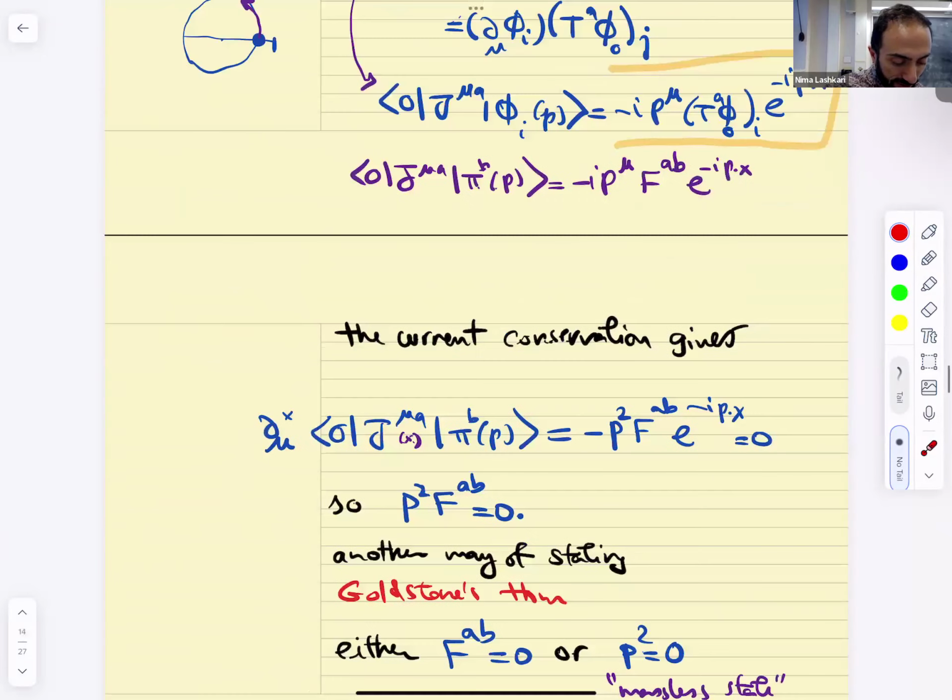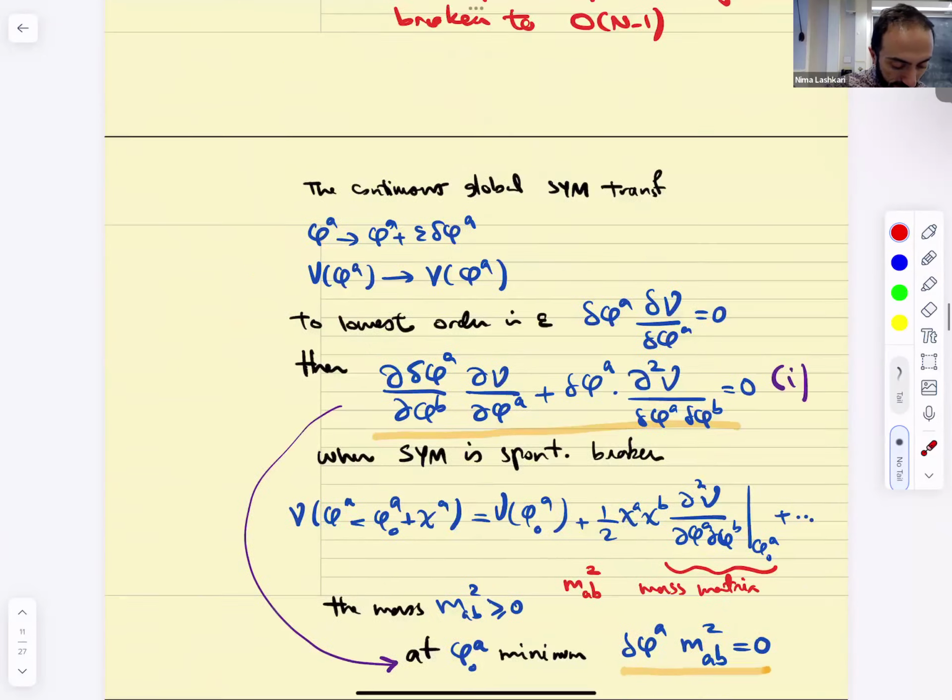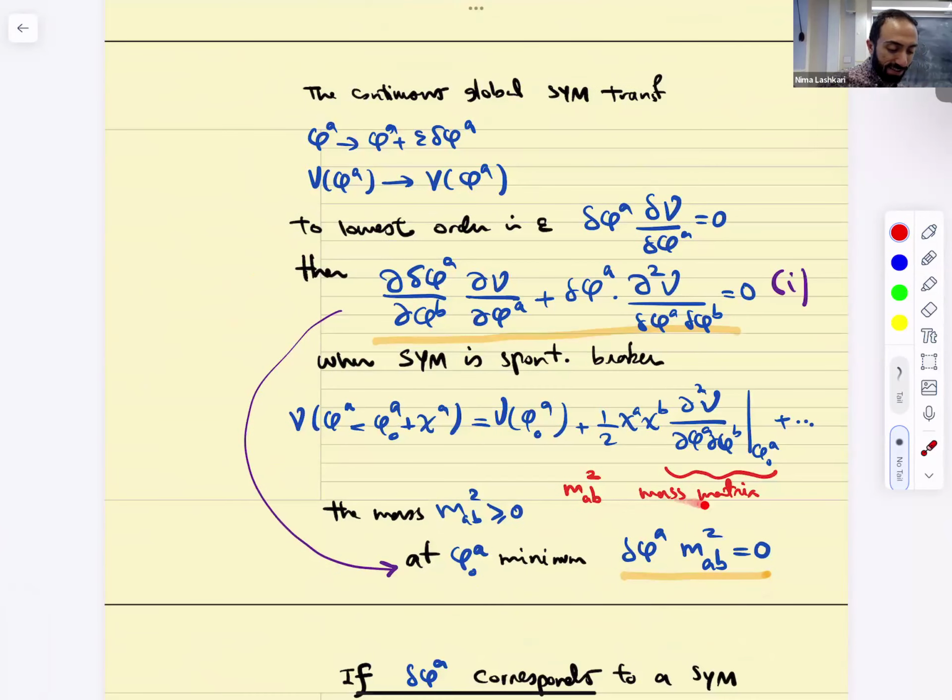I showed that this is an equation I derived before, right? This is the gauge variation, the gauge transformation of the field, MAB squared. And I said if the field is invariant, so it's not broken, MAB need not be 0.